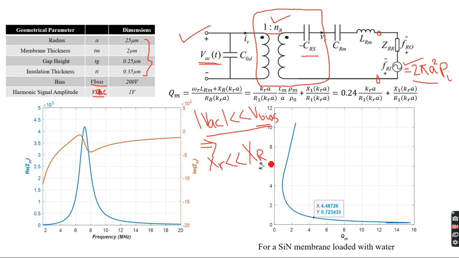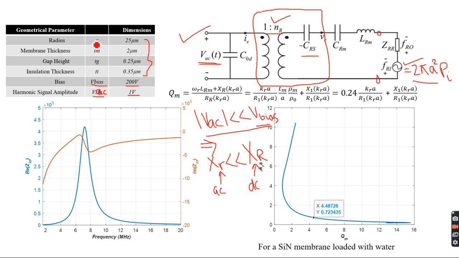If I represent the expressions by capital subscripts, these are DC quantities, and the subscripts in small letters are AC quantities. So the AC plate displacement is small compared to the DC plate displacement. Another way of looking at it is that the bias voltage is much larger than what you can get at the output.